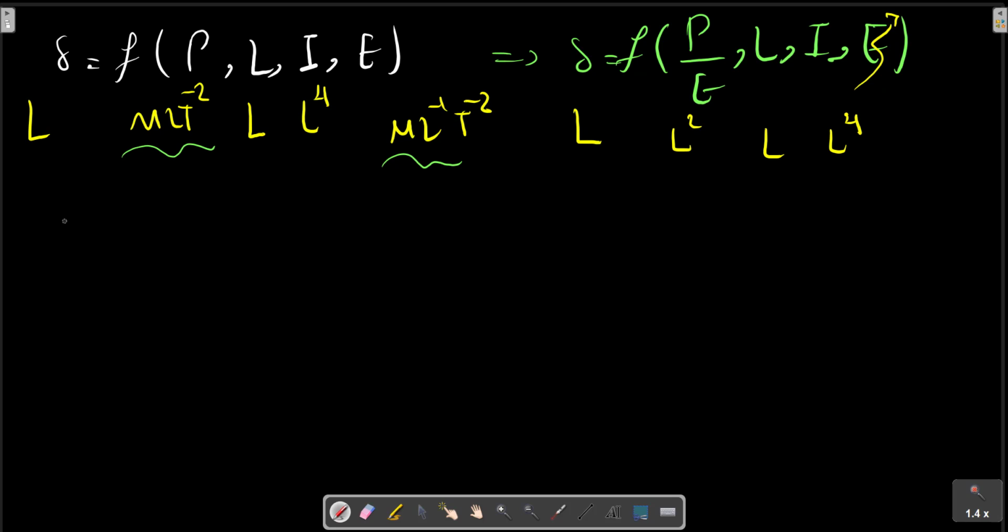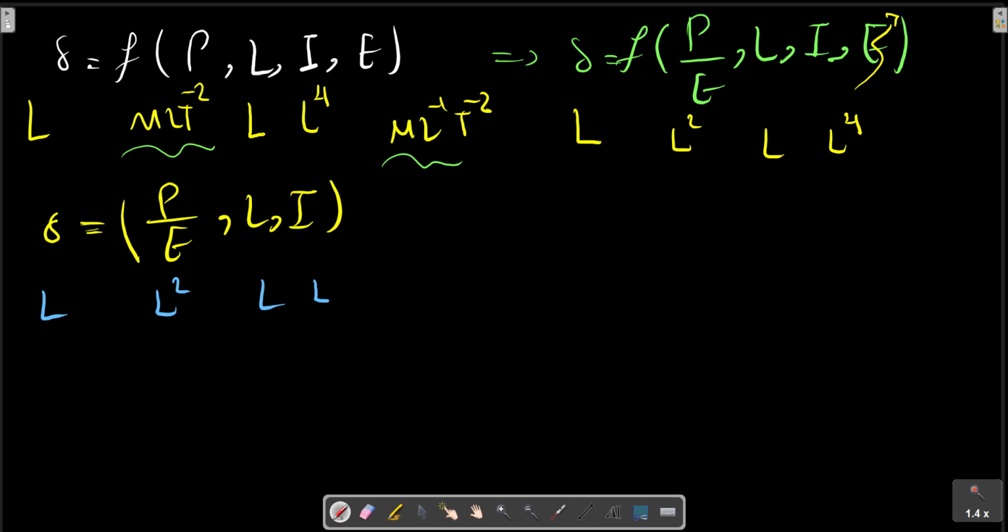The next step is we have this relation with L and I. The dimensions are L, L^2, L and L^4. We see that we may discard E as no longer relevant and the dimension T has vanished along with M.